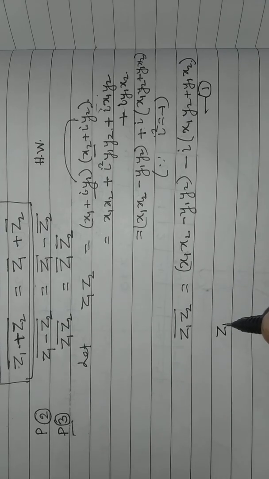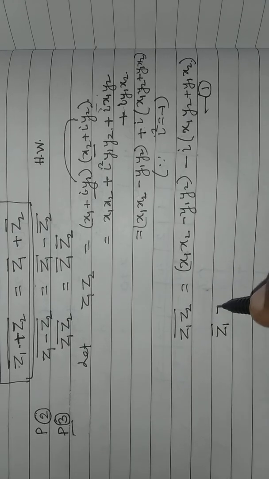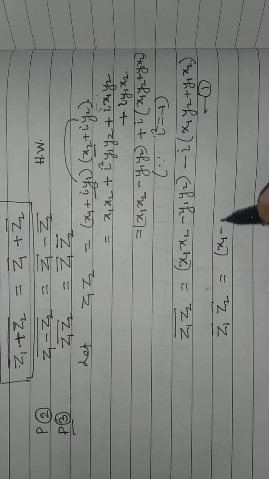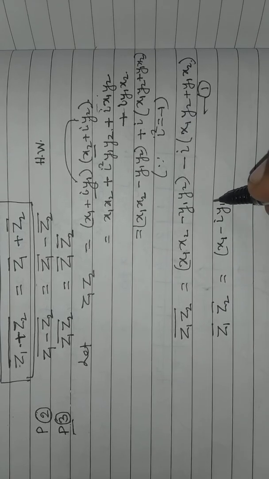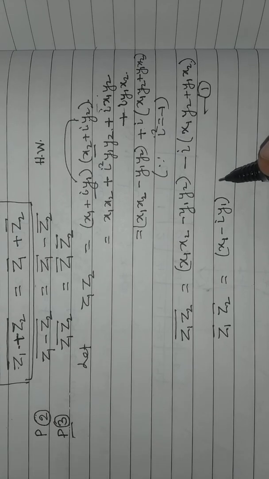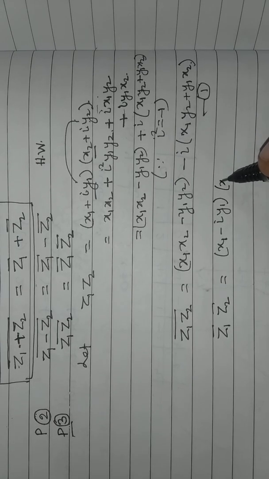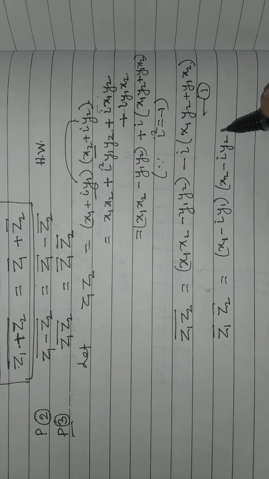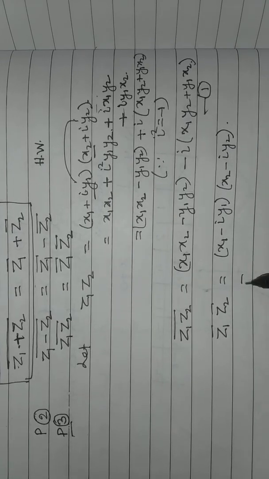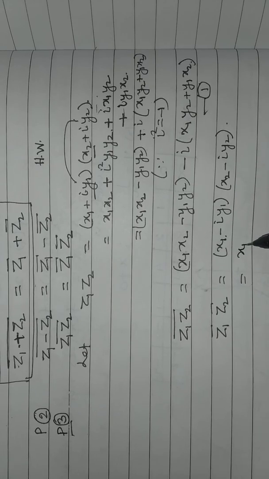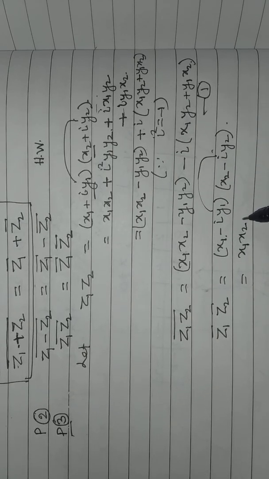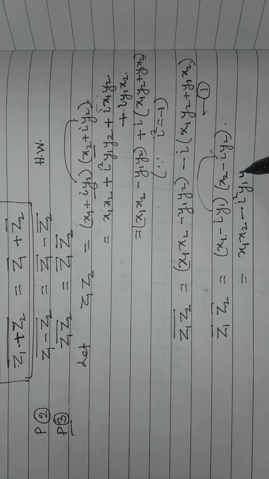Now we will find z1 conjugate and z2 conjugate. So z1 conjugate, as we have written in the beginning, is x1 minus iy1, and z2 conjugate is x2 minus iota y2. Now we multiply x1 x2 first, then minus I square y1 y2.